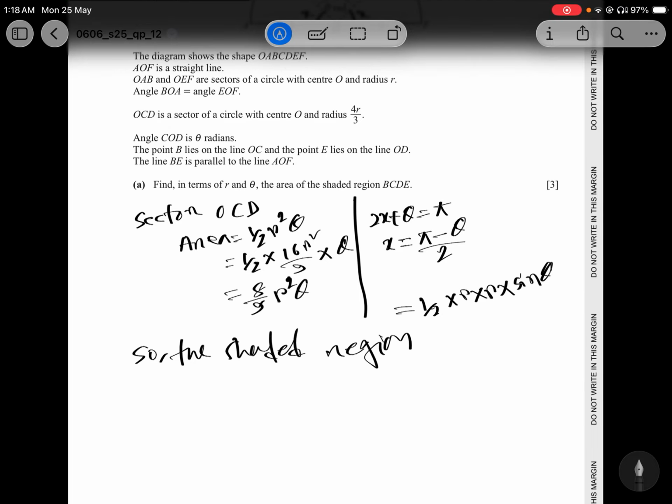So the shaded region should be 8/9 r squared theta minus r squared sine theta.